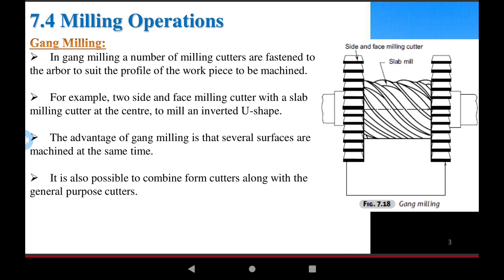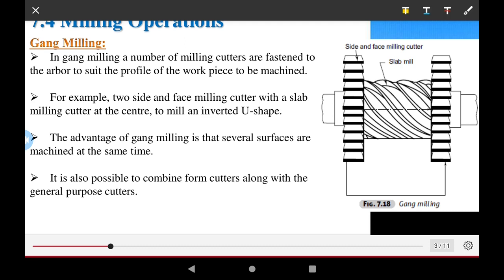This is the figure of the side and face milling cutters, and these are the teeth of the cutters.